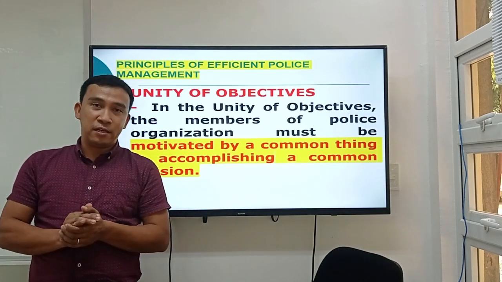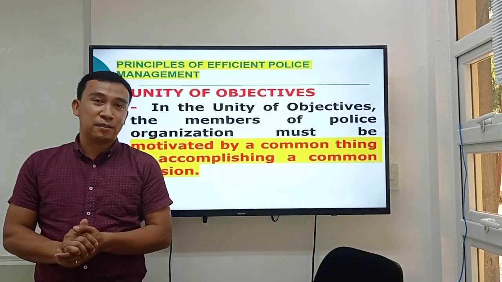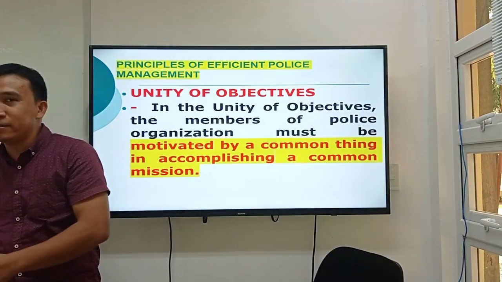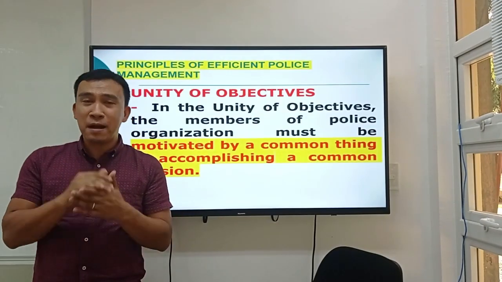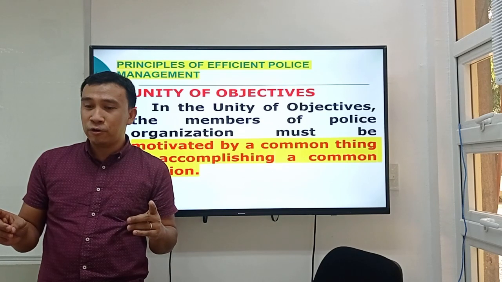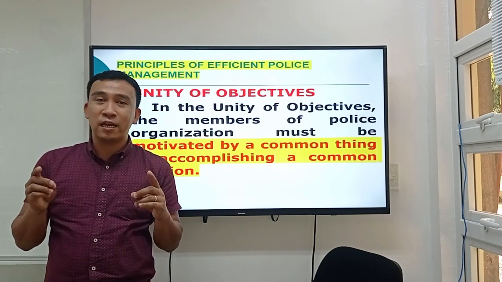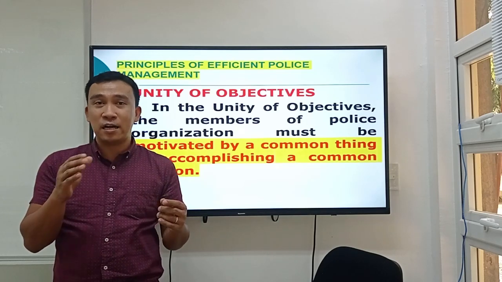But unfortunately, itong dalawang deputy chief na ito ay magkaibang objective. Iba ang tinatahak nito, iba ang tinatahak nito. Imagine kung ano ang mangyayari sa organization na ito na hindi common or hindi united at hindi iisa ang kanilang objective.